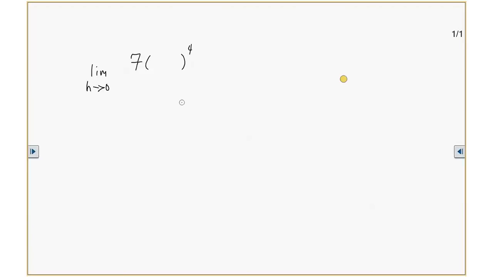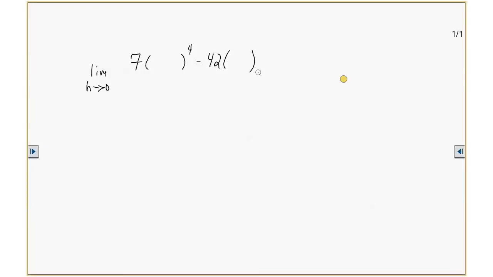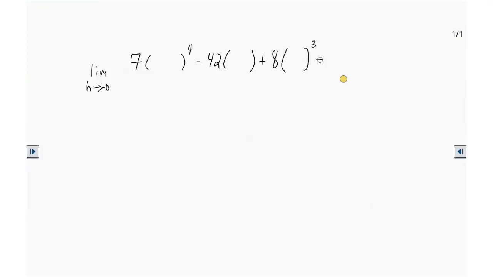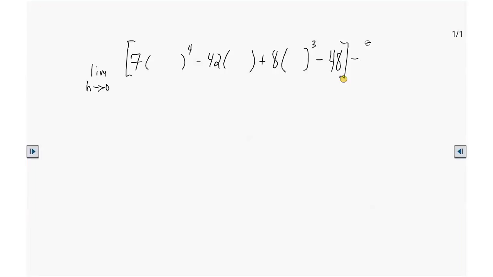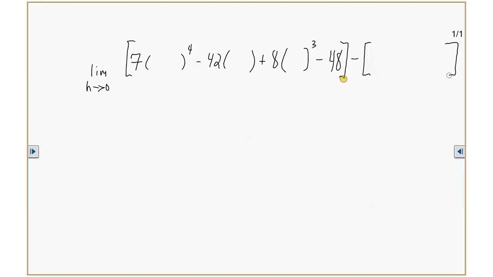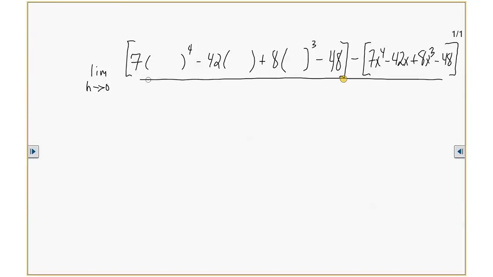Minus 42x plus 8x to the 3rd minus 48. Give it to me one more time: 7x to the 4th minus 42x plus 8x to the 3rd, all over h.